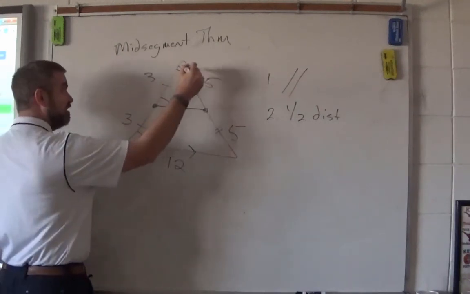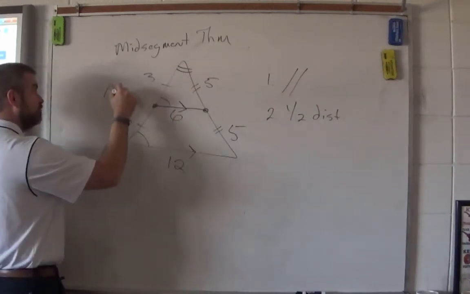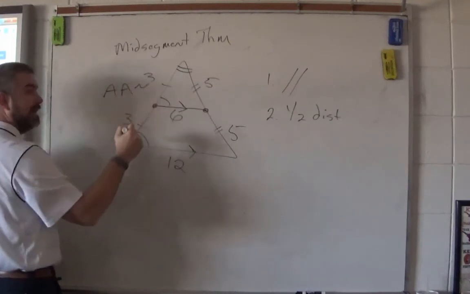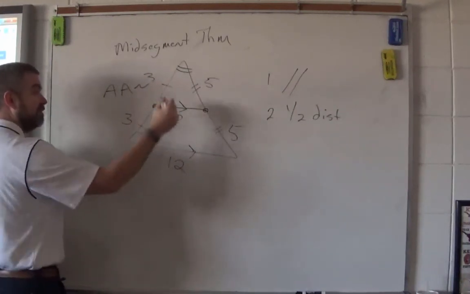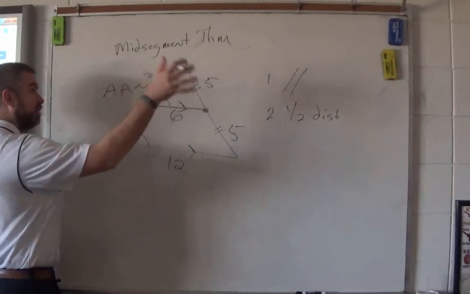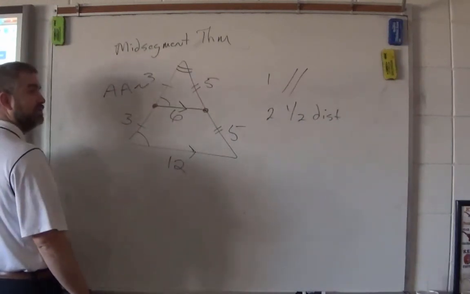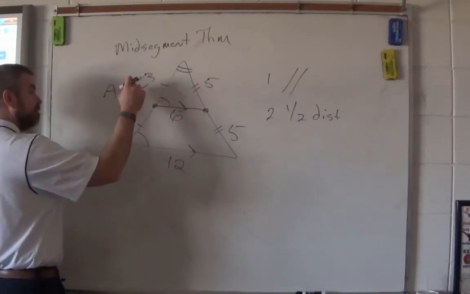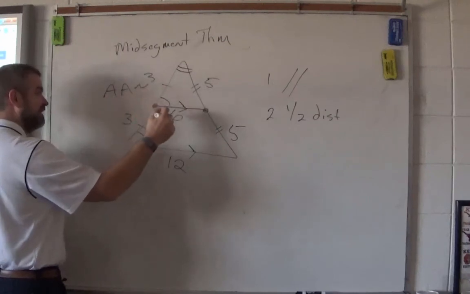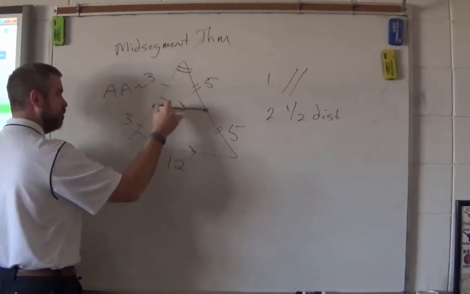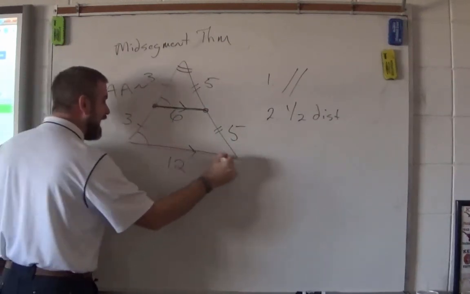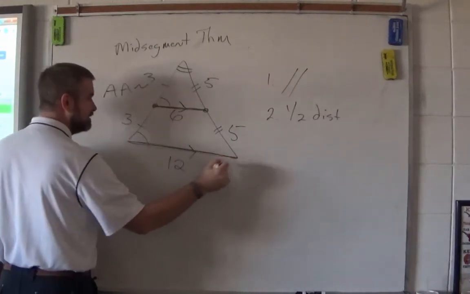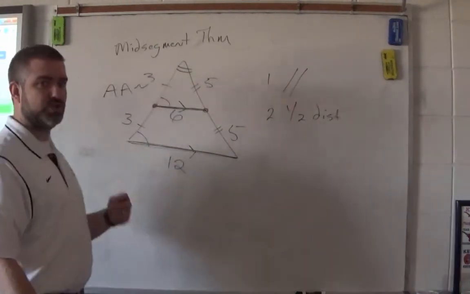And then they share this angle, so the two triangles are similar by angle. Well, if they're similar, then we have all kinds of proportionality rules and everything else. The big thing is that this distance here will always be half of this distance.